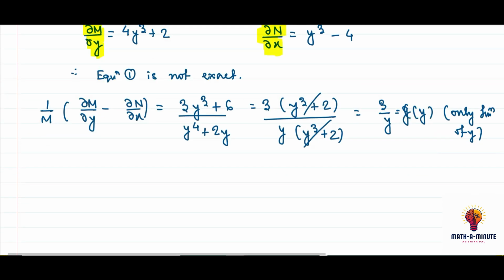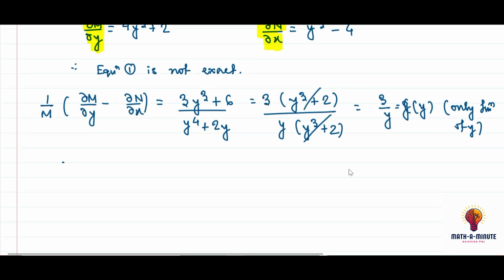Therefore the integrating factor will be e to the power integration of minus 3 by y dy, which equals e to the power minus 3 log of y. It is very important: when it is only a function of y, you have to take this minus sign here. Remember. Now it is very simple, this value will be 1 by y cube.